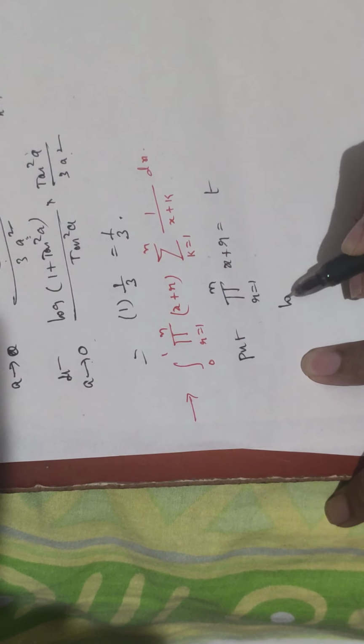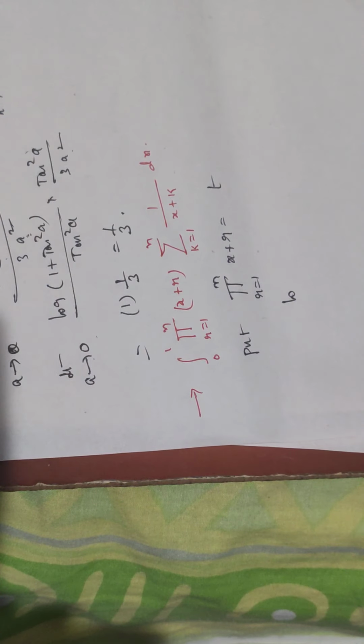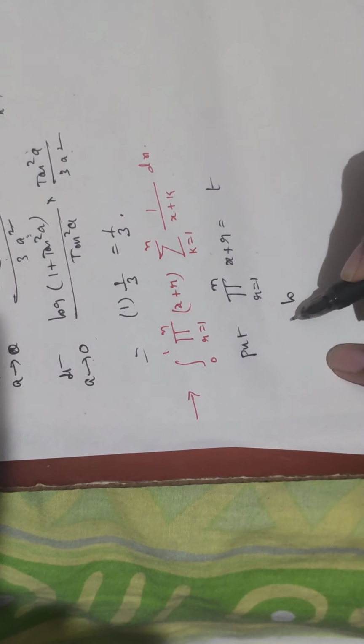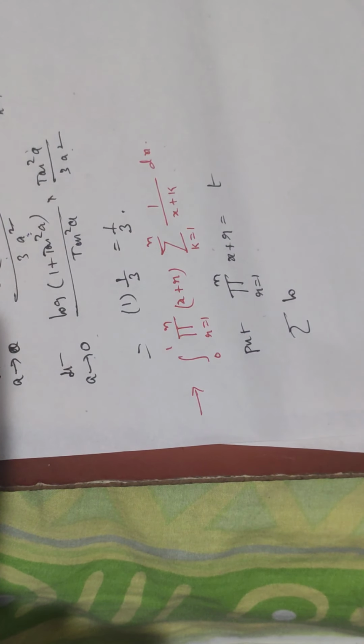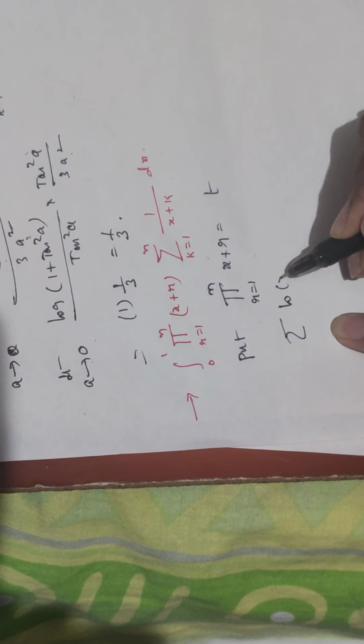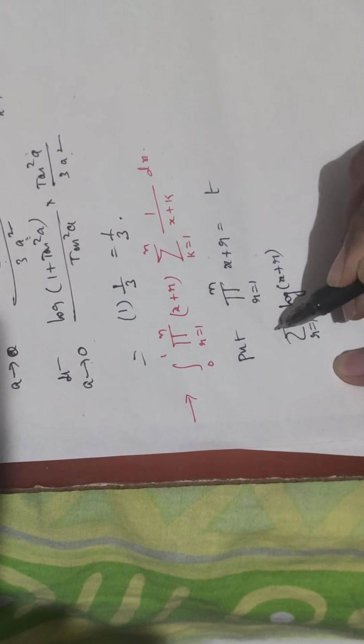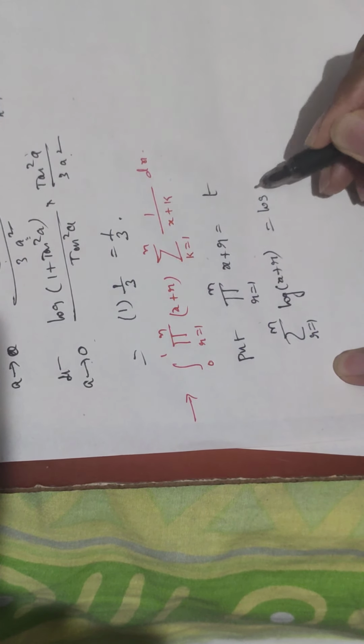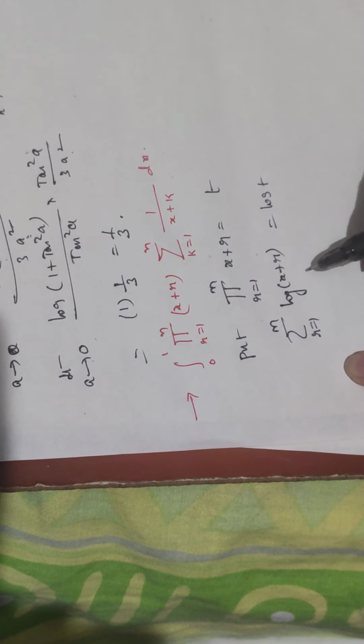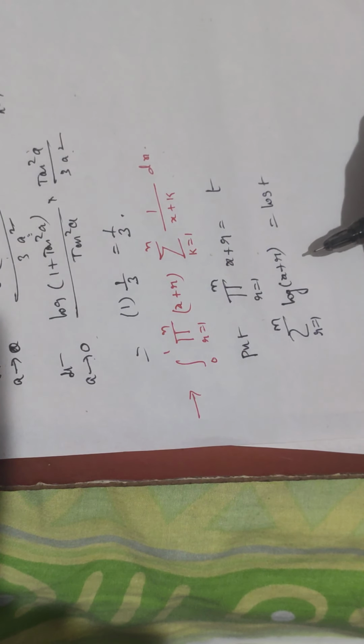Applying log on both sides, whenever the product of the terms is given, when applying the log, we will get the sum of the logs: sigma r equals 1 to n of ln of (x plus r) is equal to log t. Now differentiate; the logarithmic function's derivative is 1 by x.